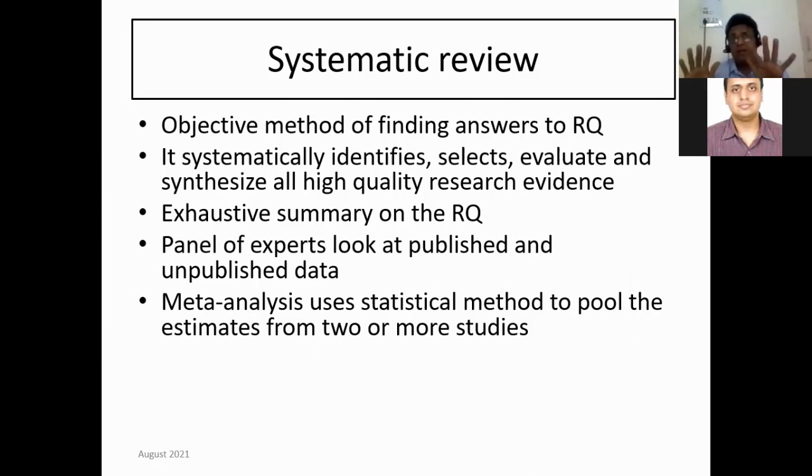Whether treatment A or treatment B is better, we generally do in RCT. If you want to quantify, if you want to tell by a statistical method what is the estimate, right? Tell me how big is treatment A as compared to treatment B, then we pool statistically. This is what is called meta-analysis.